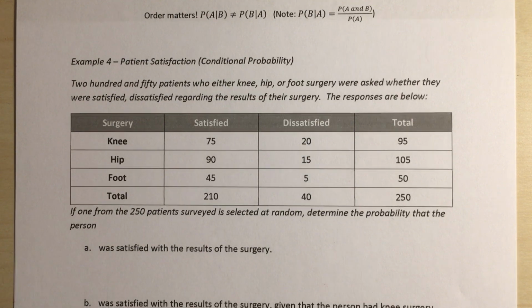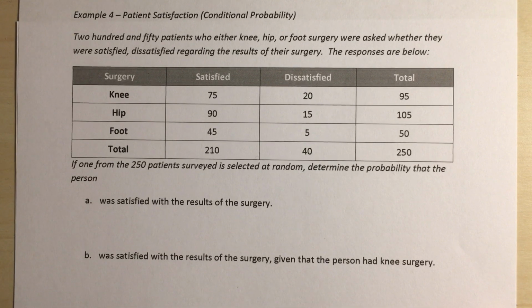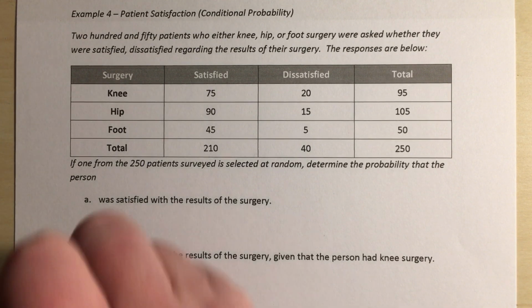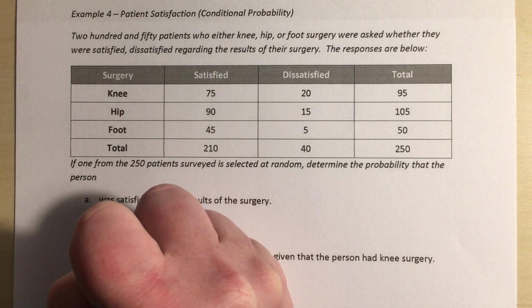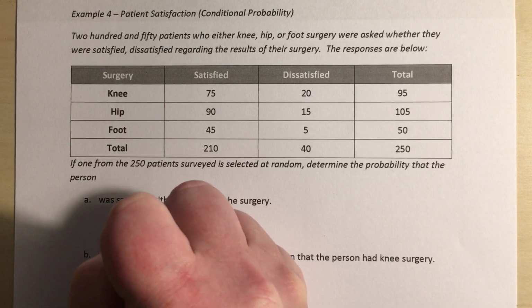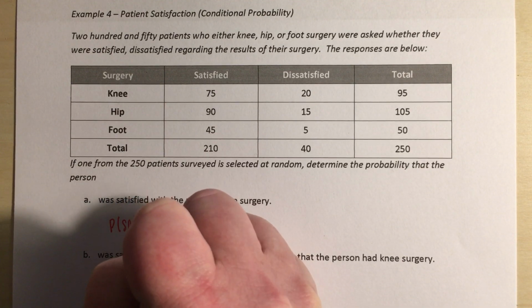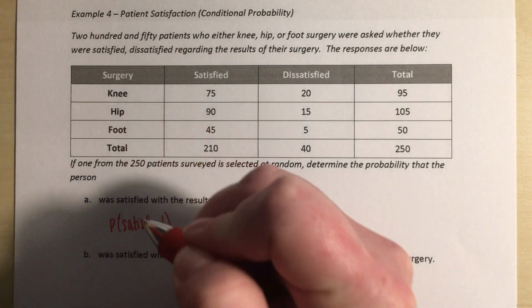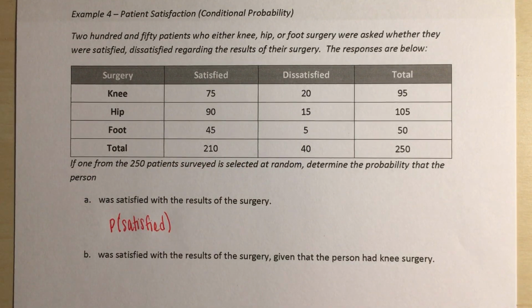Right, so question A says, if one from the 250 patients surveyed is selected at random, determine the probability that the person was satisfied with the results of the surgery. So this is not a conditional probability. This is just asking about the probability that a person was satisfied.